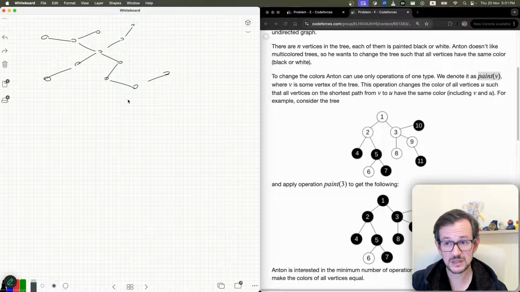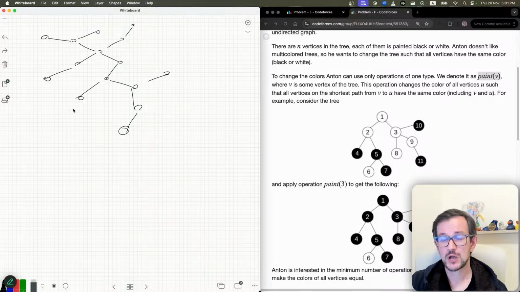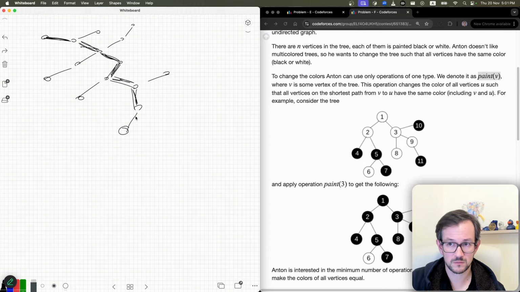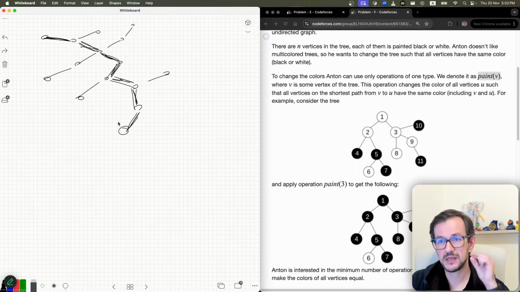So in a tree, how do we find the center of the tree? We find the diameter of the tree. Here, this is the diameter of the tree. You take the diameter of the tree and find the middle of this diameter. 1, 2, 3, 4, 5, 6, 7. So we have two centers, this or this, it doesn't matter which one you like most.